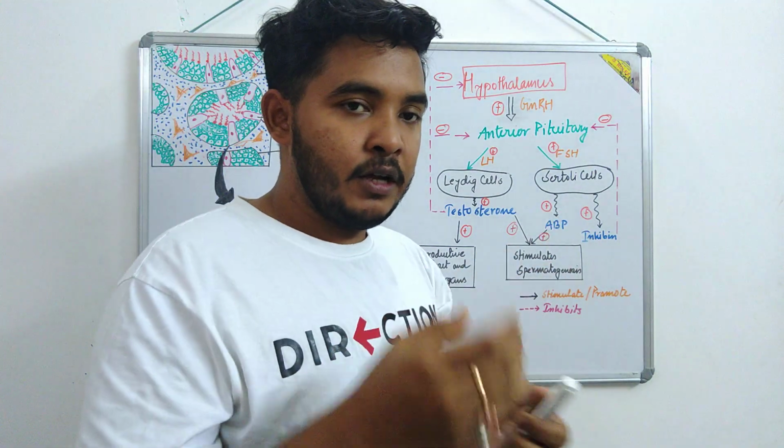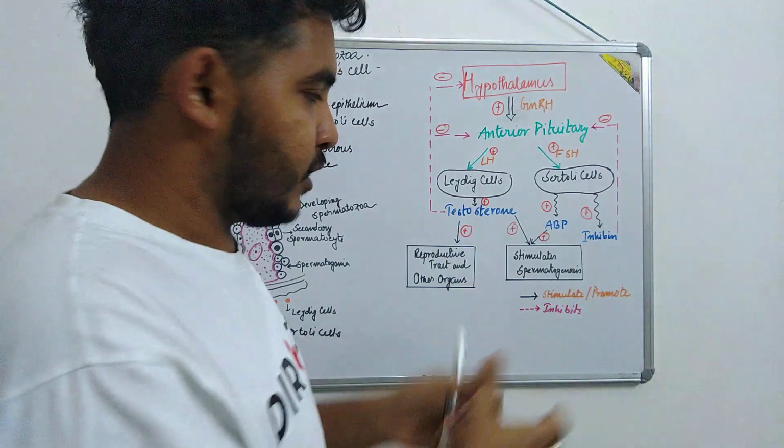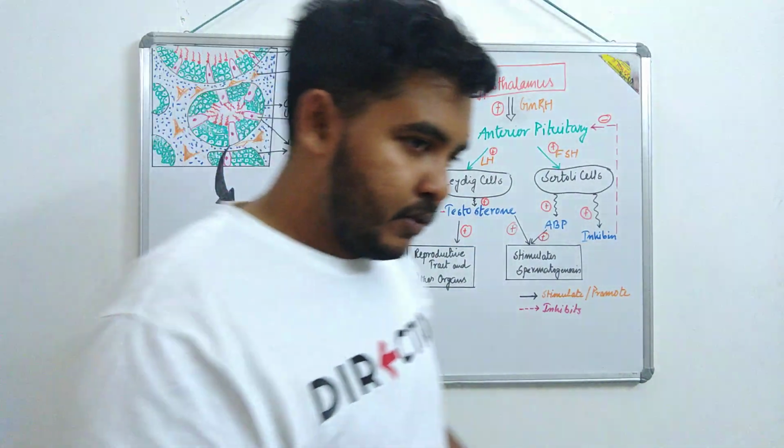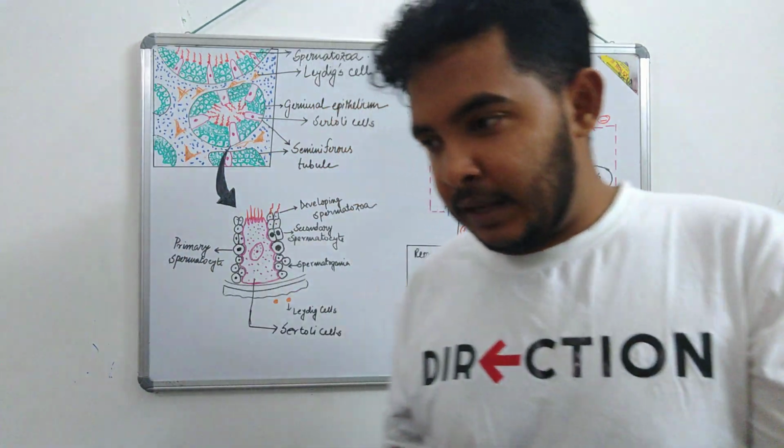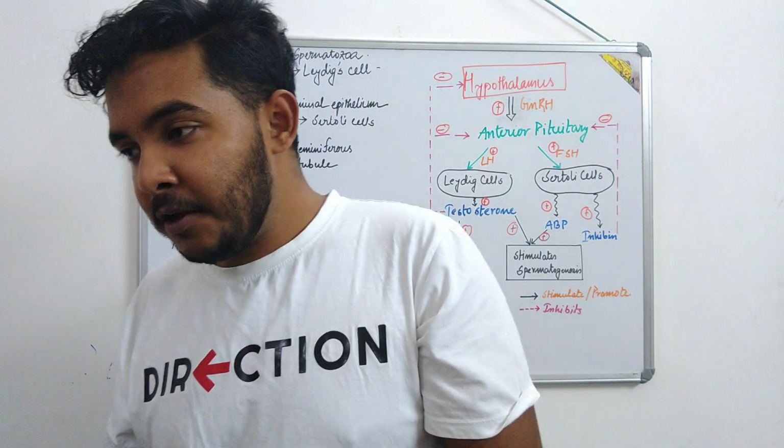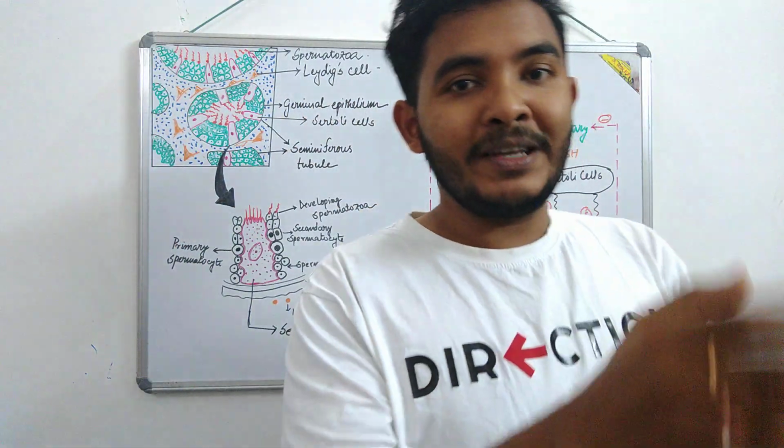The pituitary has three portions, including the anterior pituitary, which has many types of cells. There are specifically gonadotropin cells.